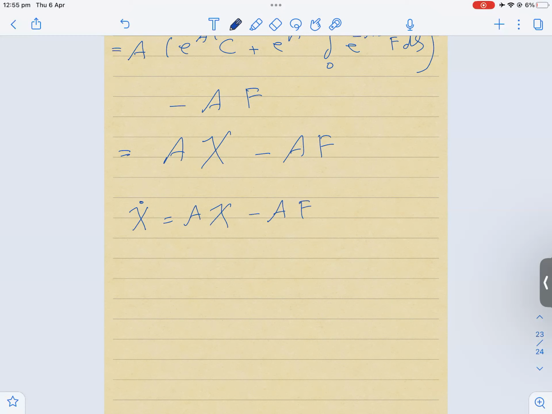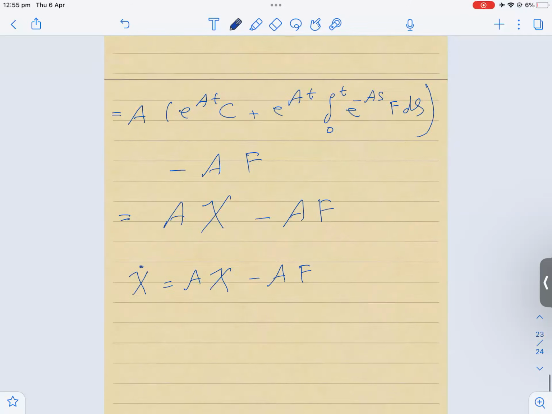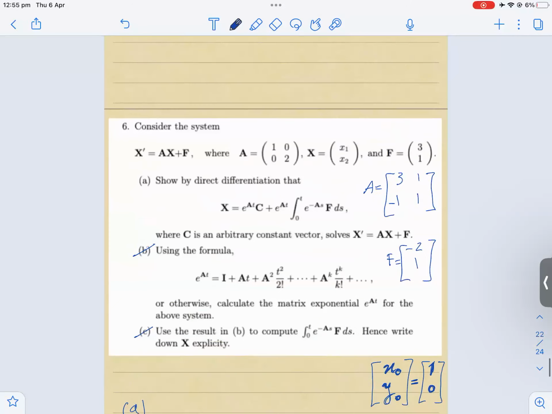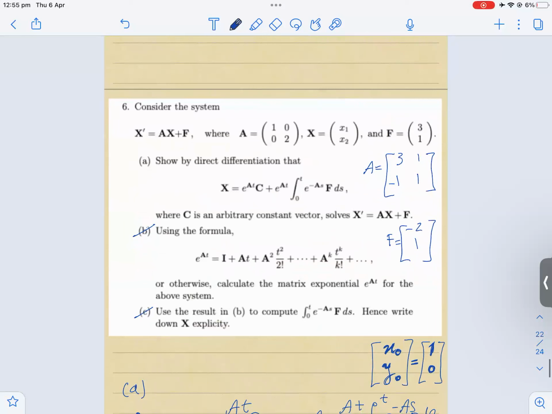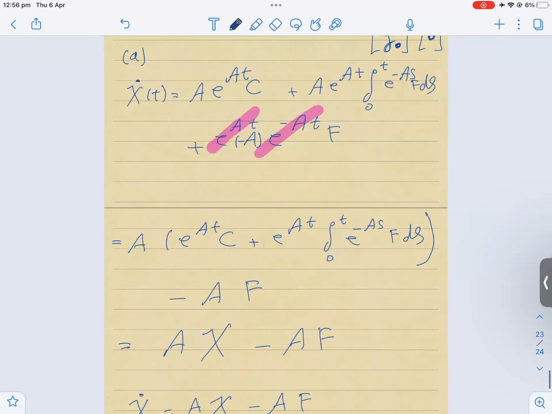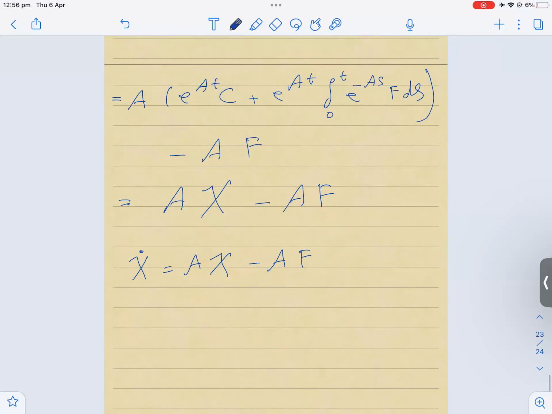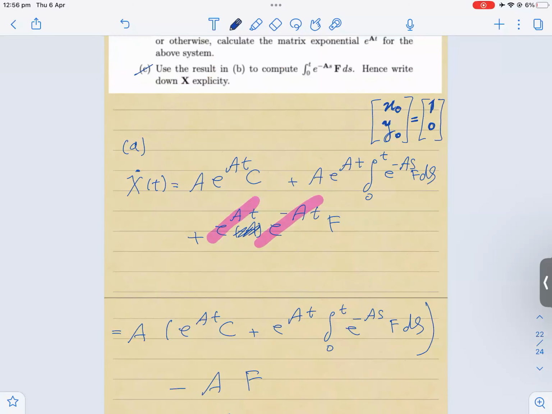So what happens if I don't have this one? I made a mistake, obviously.